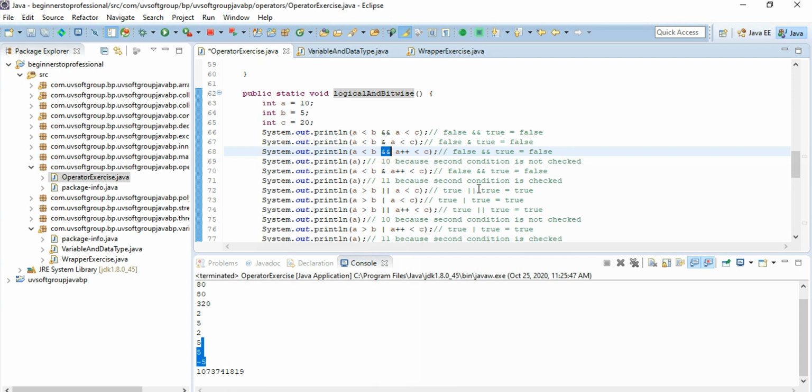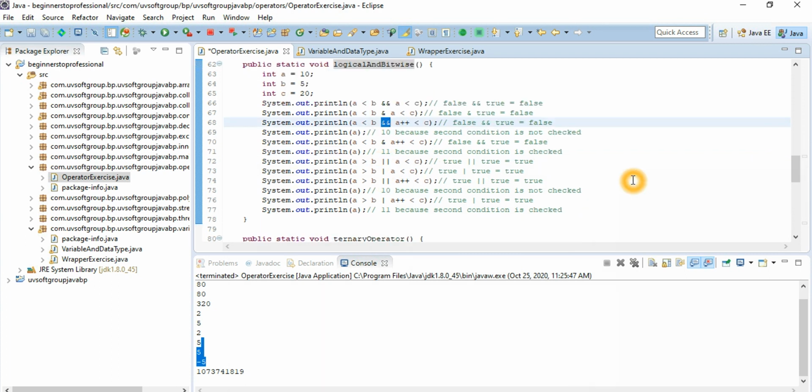So you see the effect of how the logical AND operator and the bitwise AND operator work. That means it's the most important thing you need to remember: the logical AND operator does not check the second condition if the first condition is false.